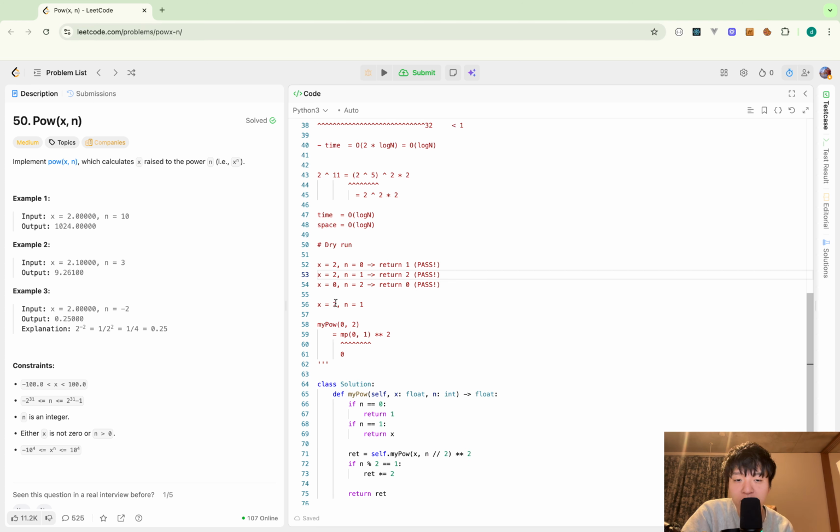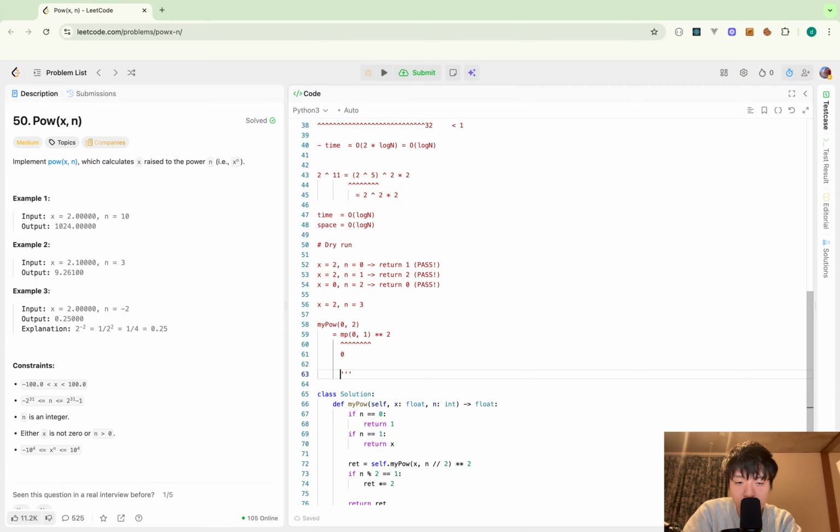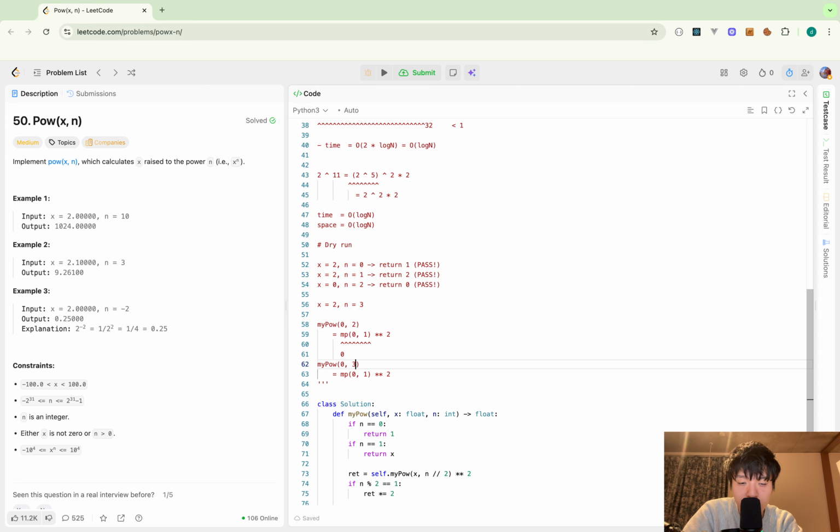So lastly, if n is 3, I go to line 71. This should be times 2 here because of line 79.